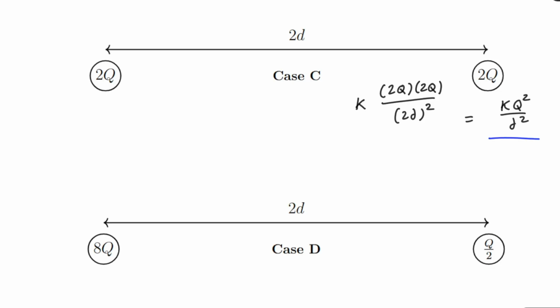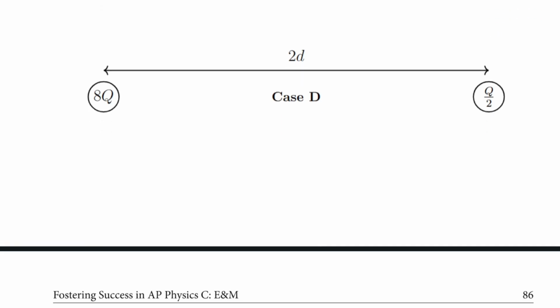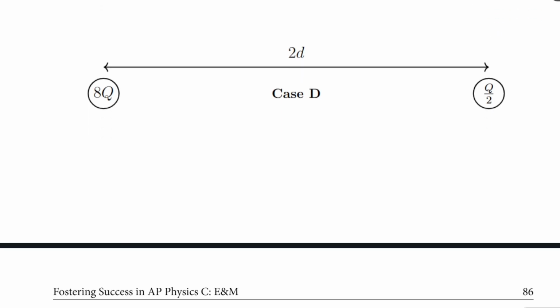So we can definitely guess what this last one is going to be, although it would be kind of mean for me to make 3 of them tie, and the fourth one not. So we get a k, an 8q, a q over 2, and a 2d all squared. So we can see the 8 and the 1/2 make a 4 on top again, and squaring the 2d quantity gives me a 4 on the bottom. So this, of course, will make kq squared over d squared again.